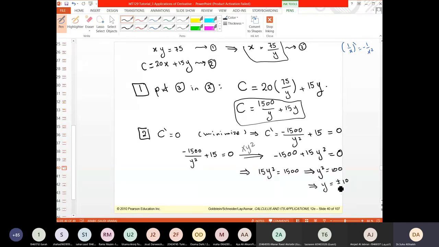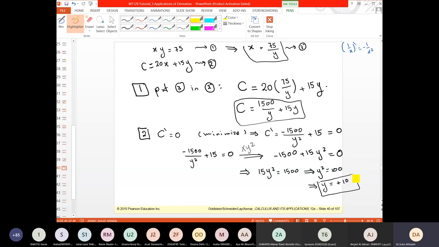Of course, I'm talking about dimension, so we do not talk about the minus, we just say it is plus 10. You got it? The correct answer is plus or minus, but since I'm talking about dimension, I just take the positive y. I got the y already.